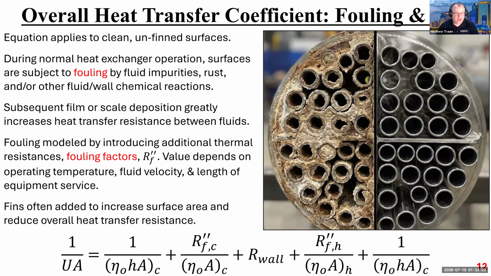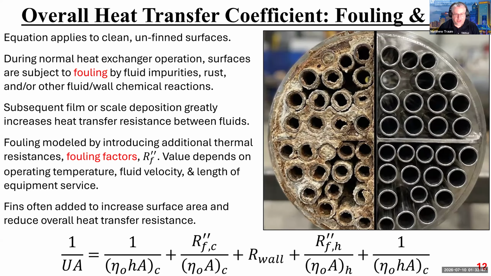So a lot of times you'll just be given a value, or you'll be given enough information to find a value from a table. Another thing that often happens with heat exchangers, because we want large surface areas, as large as possible but still with a compact form factor, is engineers will often add fins to the inside of heat exchangers to increase the surface area and reduce the overall heat transfer resistance.